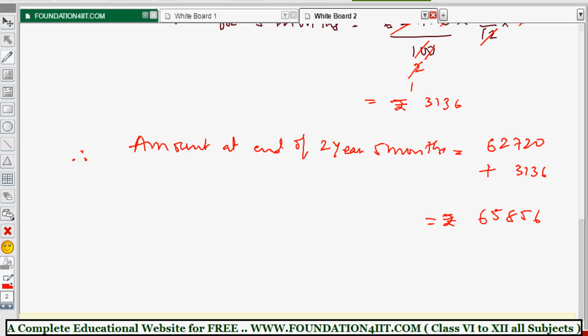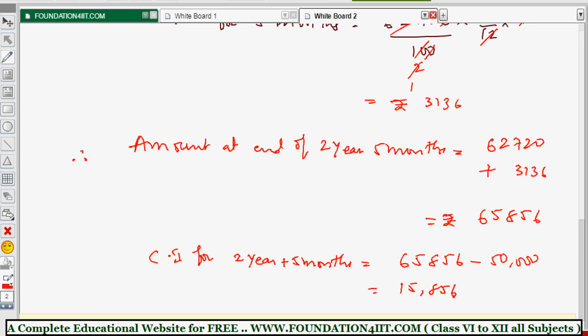Now if you want the compound interest, it's simple. The compound interest for 2 years plus 5 months: the total amount we got finally, 65,856, minus the original principal, 50,000, is just 15,856.